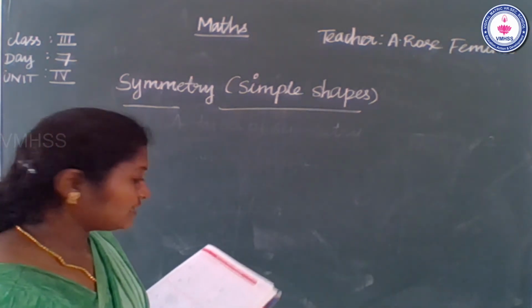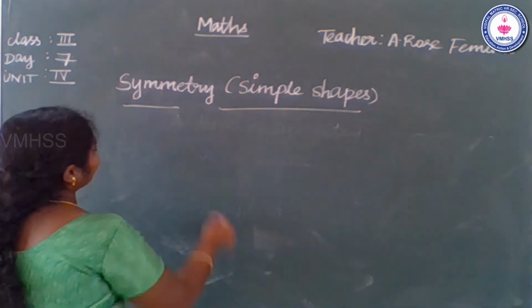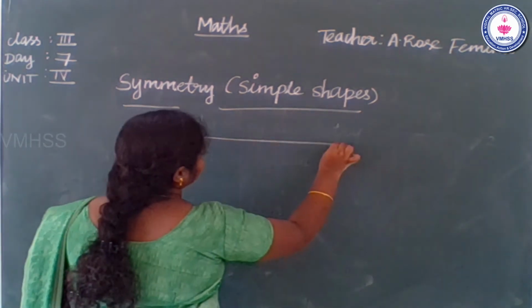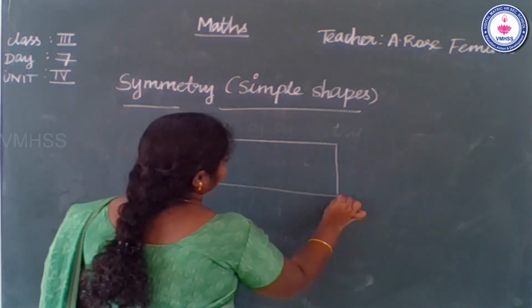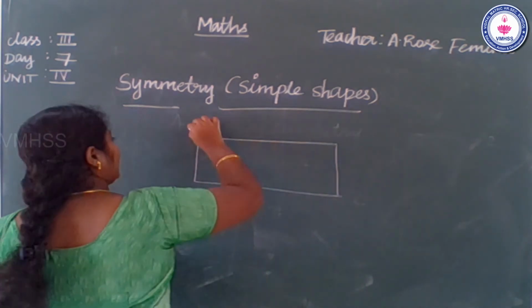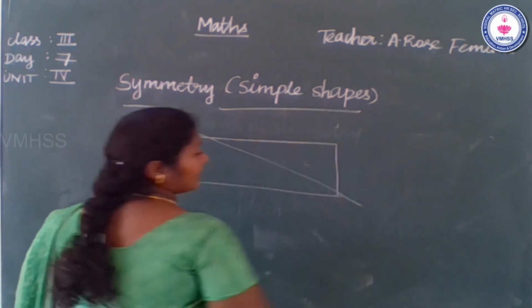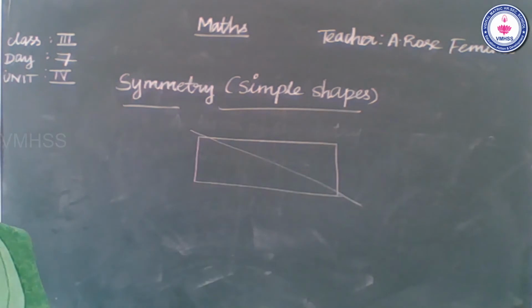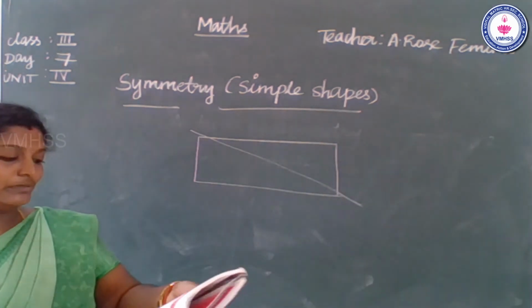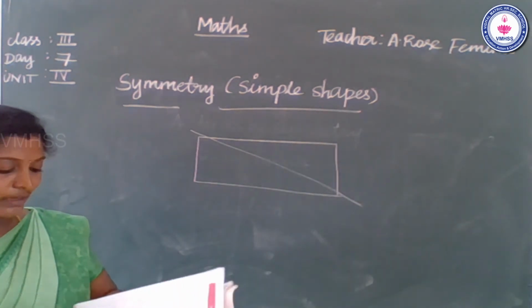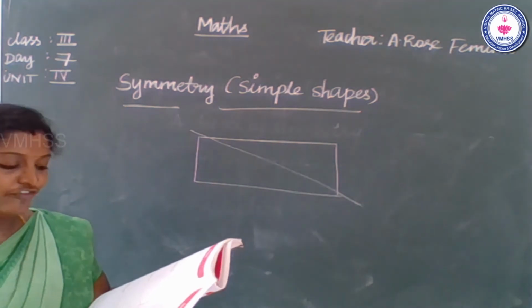What is the first one? This is a rectangle, and this line is the line of symmetry. Is this right or wrong? Take page number 85.